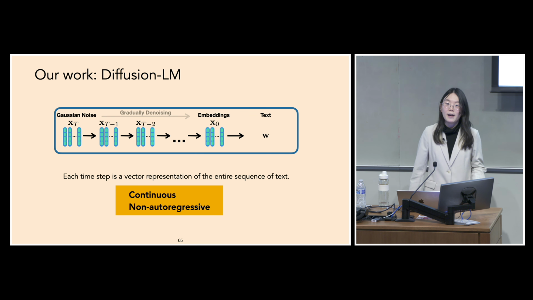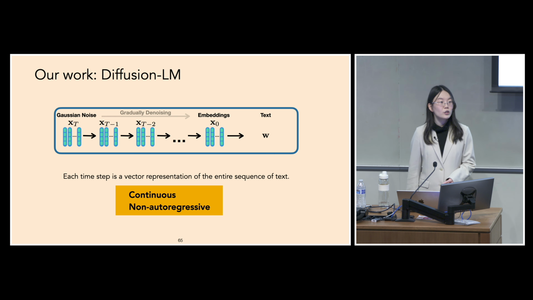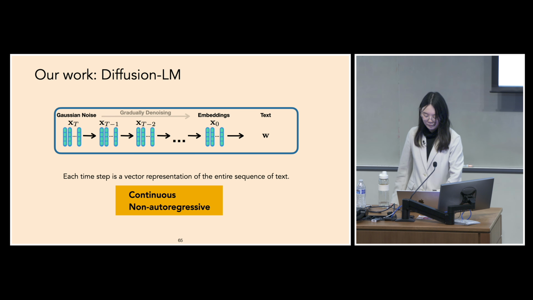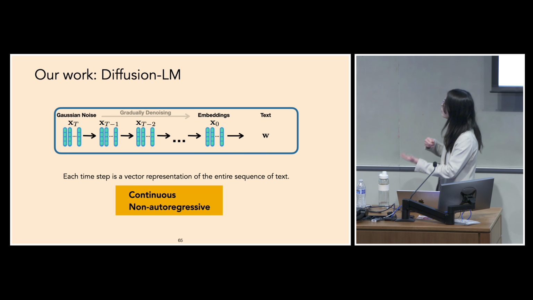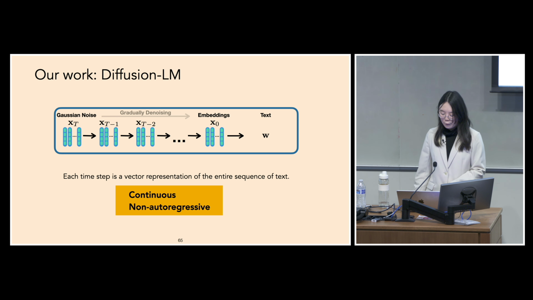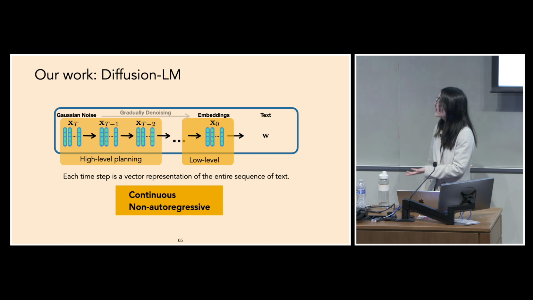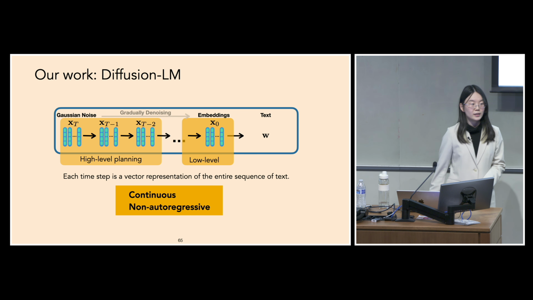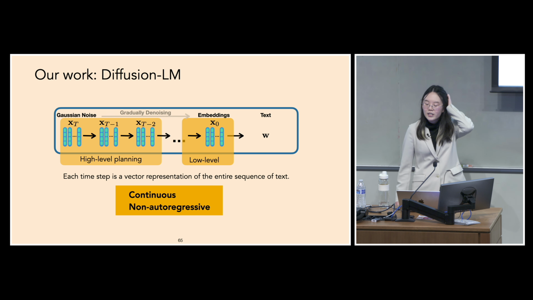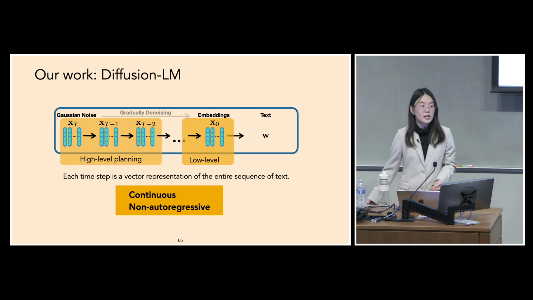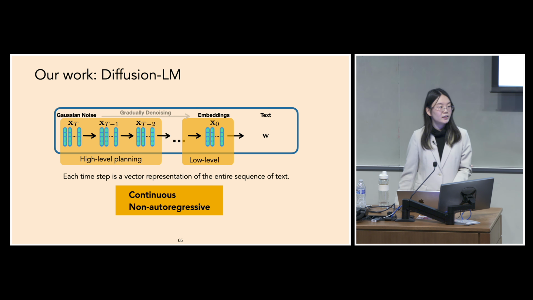And then we project these vectors to a low entropy distribution over the vocabulary. Since we're refining the whole sequence simultaneously, we are first generating coarse-grained contents, such as high-level semantics and syntax, in the early diffusion steps. And later, we are generating finer-grained contents, such as detailed word choices, in the late diffusion steps.